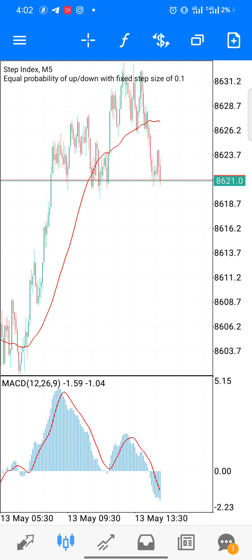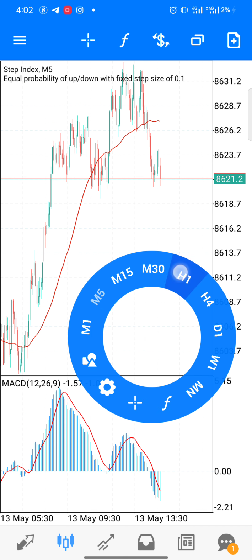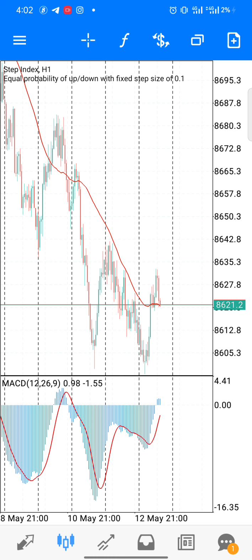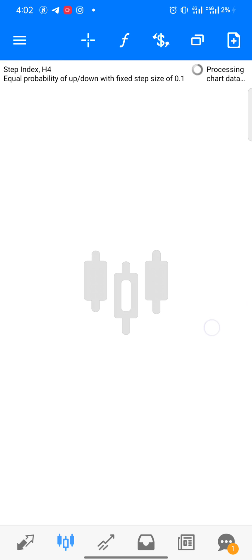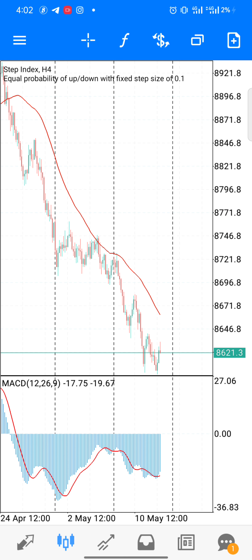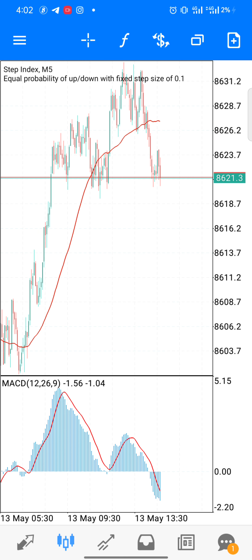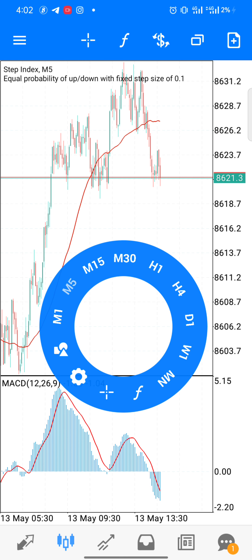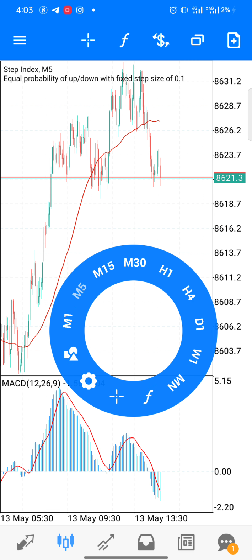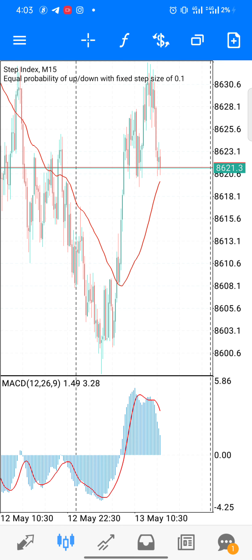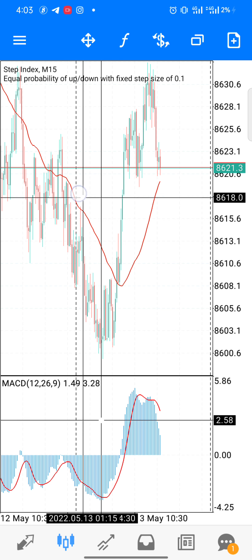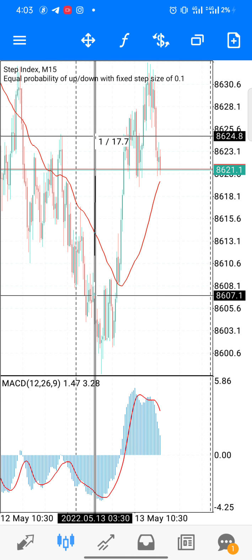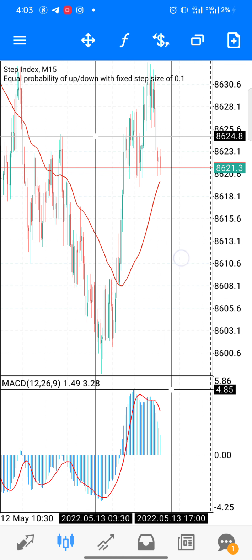Seeing this from the 1 hour time frame, you can see the market is selling. You see that, guys? The 5 minutes time frame crossed above, and the 1 hour time frame is about to do the same intersection. So we're expecting step index to fall back to the downside for sure. What I can simply do right here is wait for step index to go for any retest to the upside before I place a sell.